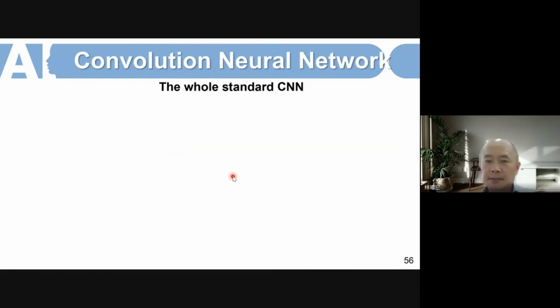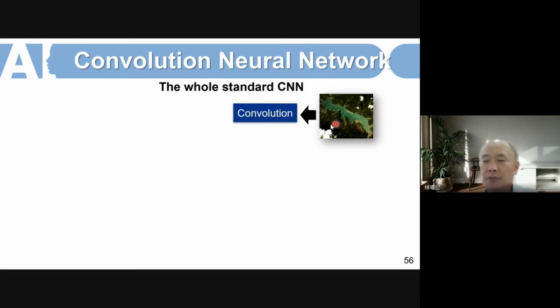Then the whole standard CNN will look like this. From the image, we add a convolution layer. And in general, after convolution we have a pooling layer, which I will explain later.